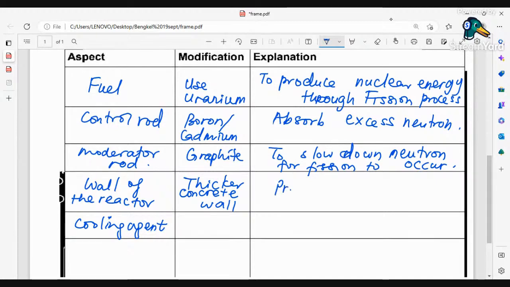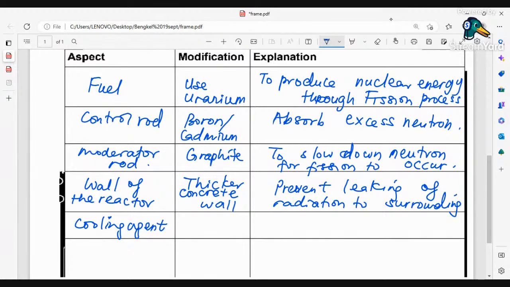Okay, prevent leaking of radiation to surrounding. Okay, cooling agent we use water. Okay, kenapa water?